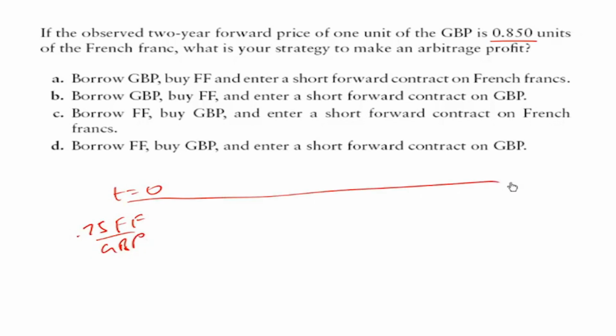The fair forward price we have already calculated. We've calculated that at t equal to 2, this should be 0.7063. However, what we see in the market is that people are quoting the 2-year forward price as 0.85 French franc to GBP.